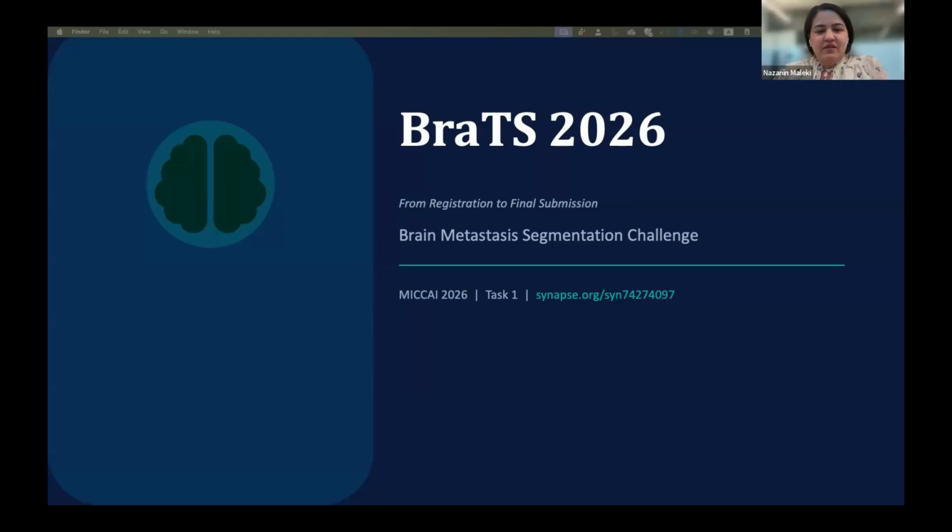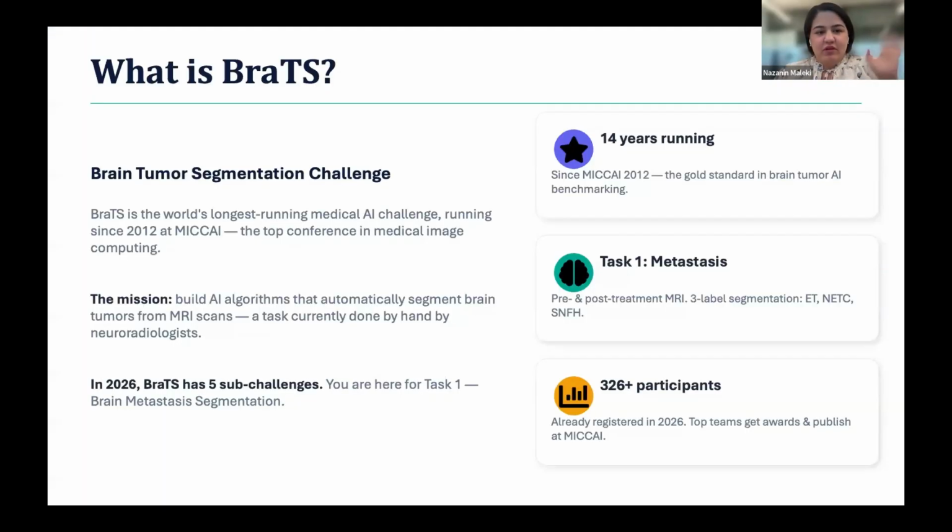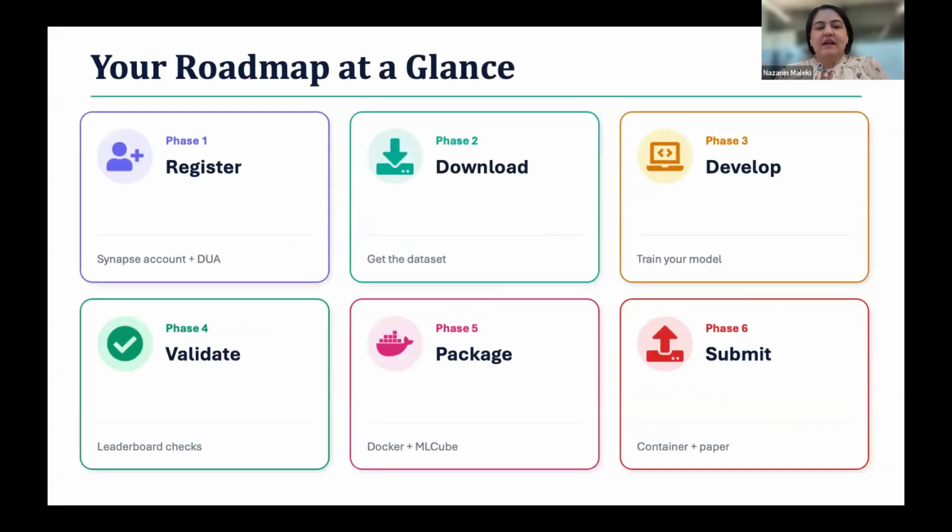Okay. So Nikolai explained really well what BraTS is and the clinical point of doing these challenges, so I'm not going through that. Before we dive into the details, I'm just showing you the roadmap at a glance. We first need to register at Synapse, which is the platform that the BraTS Challenge lives in.